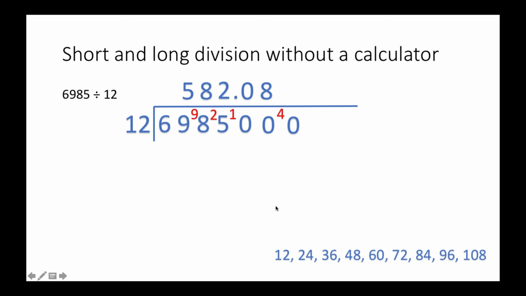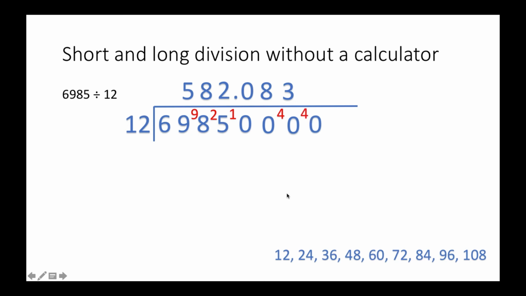Okay. So if I do how many 12s into 40, that's 1, 2, 3, because the closest I can get to 40 is 36. Okay, so 3 will go there. And then from 36 up to 40, my remainder is 4.